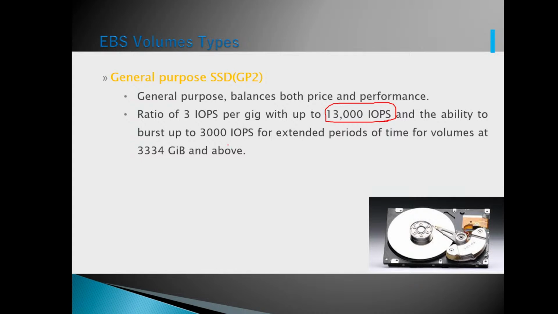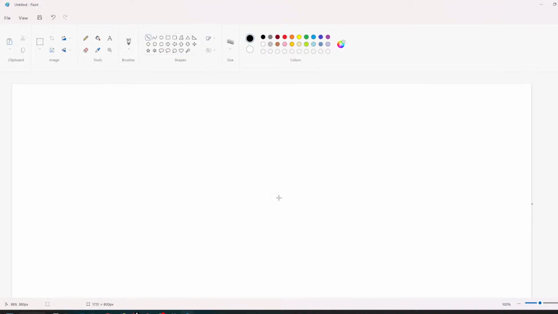What is Amazon saying here? Amazon gives you 1300 IOPS. So let's take an example.